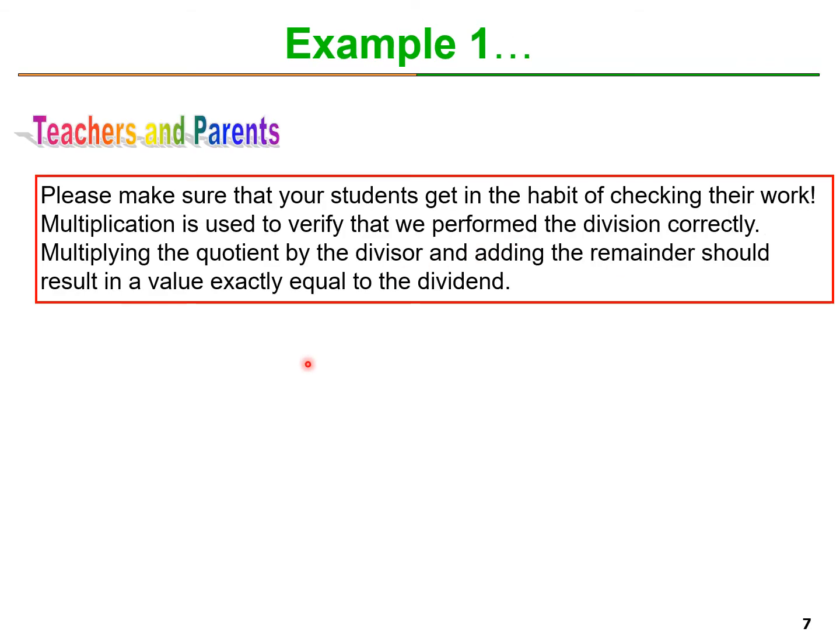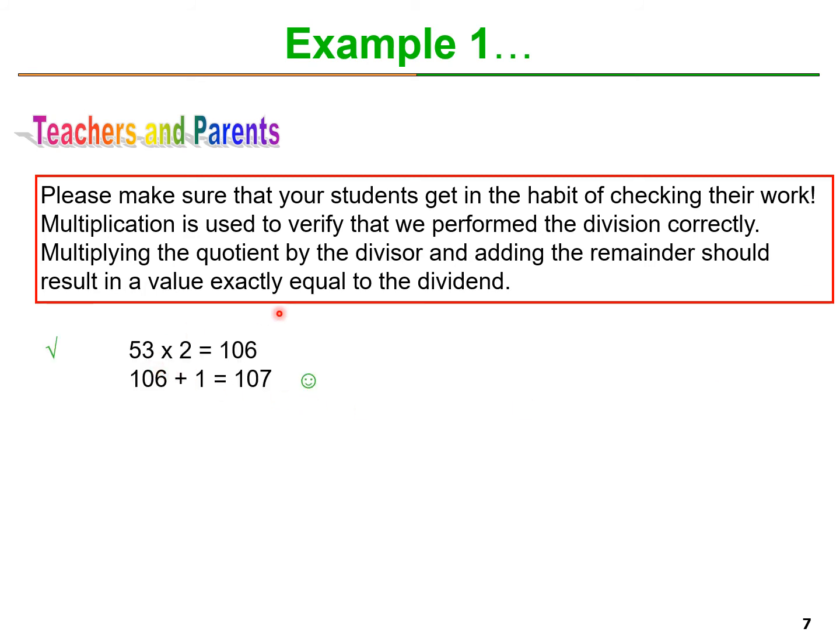Teachers and parents, please make sure that your students get in the habit of checking their work. It has to be done so that they can catch their mistakes and get more answers right on their test. Multiplication is used to verify that we performed the division correctly. Multiplying the quotient by the divisor and then adding the remainder should result in a value exactly equal to the dividend.